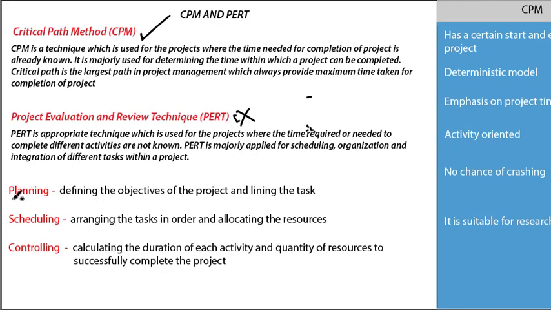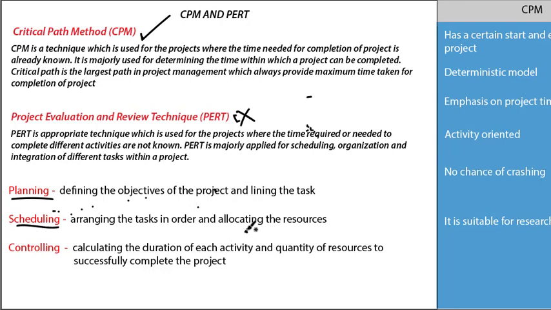Here, planning means defining the objectives of the project and lining up the tasks, how a project should be executed. Then comes scheduling, arranging the tasks in order and allocating the resources.